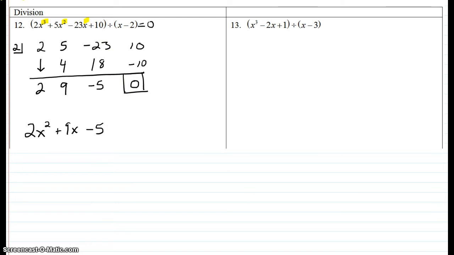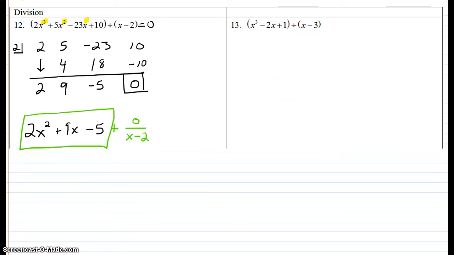And now we don't actually write this for this problem because it turned out to be plus our remainder, which is 0, over our divisor of x minus 2. So had I had a remainder, I would have put it above, on top, over my divisor of x minus 2. But that's not needed. This is my answer.